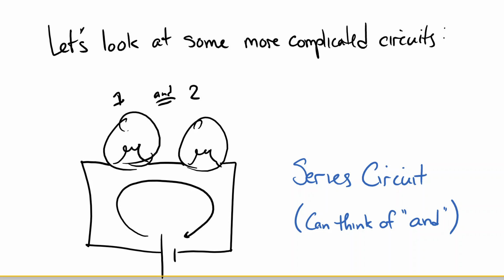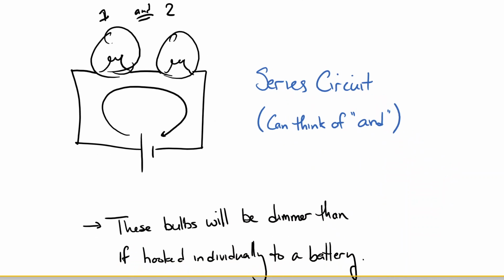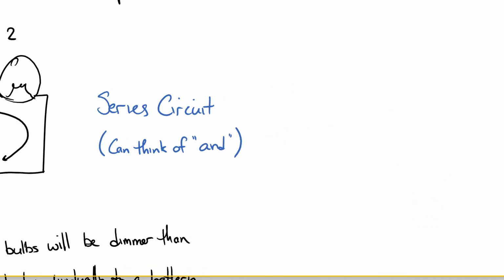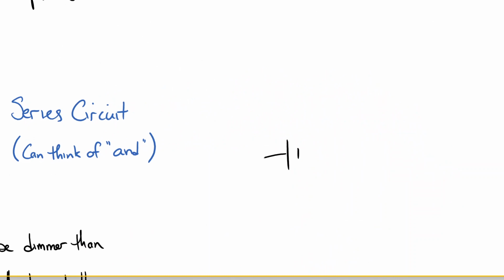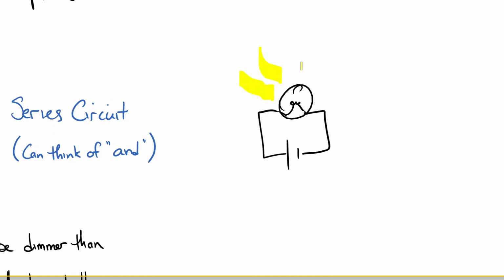Now, if we were to make this circuit, and we might just make this circuit in class, we would see that these bulbs are going to be dimmer than if they were hooked individually to a battery. So if I had a 1 bulb circuit, like this, the bulb is going to be all nice and bright.